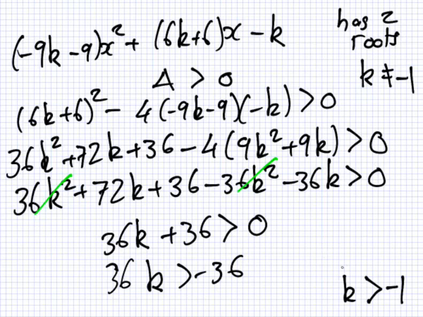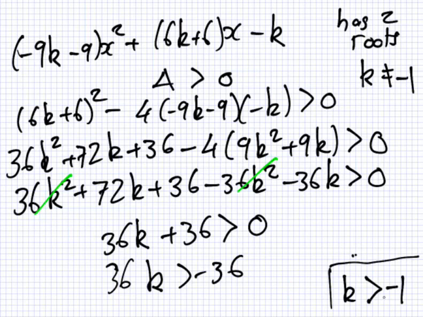Now this is nice. I did this on purpose so that the k squareds cancel. So we have 12k minus 8k is 4k, 4 plus 16 is 20. So that means 4k equals minus 20, so k equals minus 5. This is the value of k that makes this have only one root.